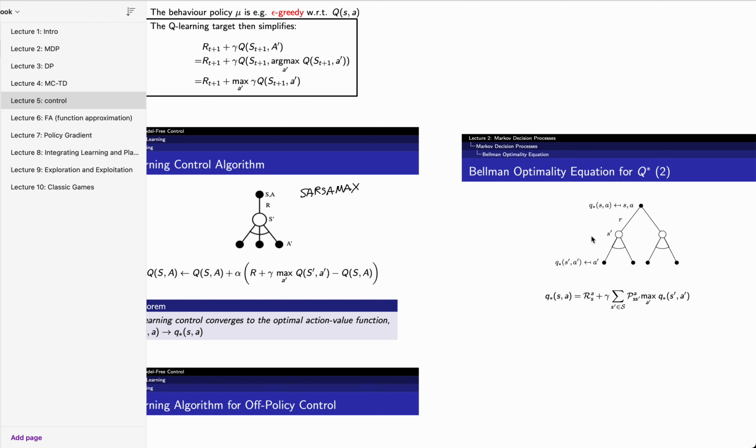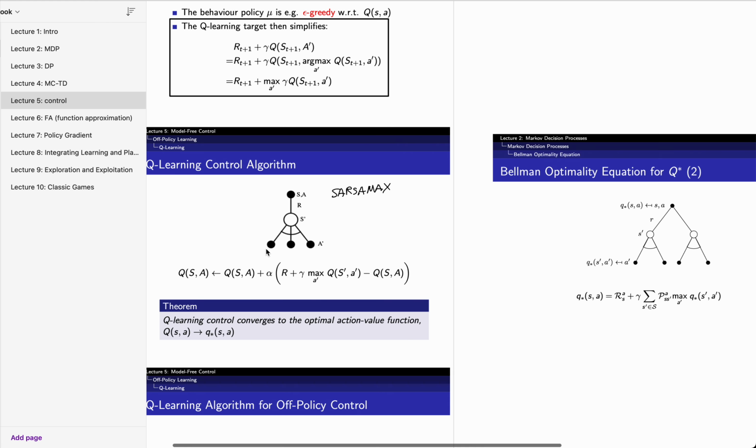This is a slide from lecture 2, which is the Bellman optimality equation for Q star. If you compare the two, the Q learning control and the Bellman optimality equation for Q, they look pretty much the same. The target is a reward plus discount factor times the max of the future Q. Well, here, because it's a known environment, it's also times a probability.